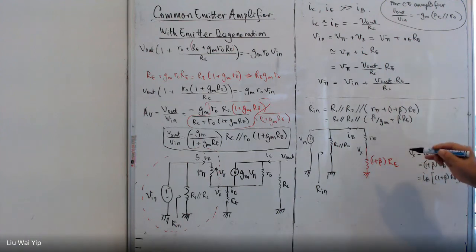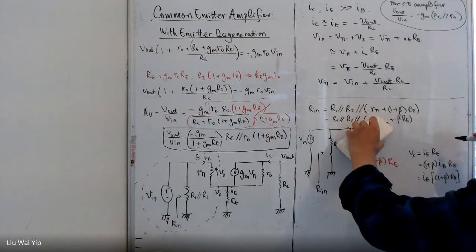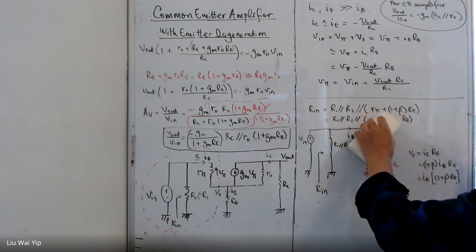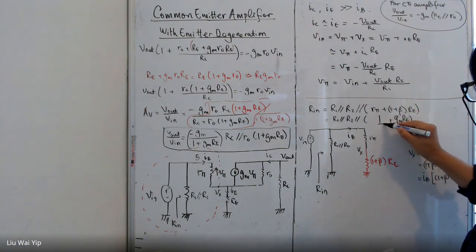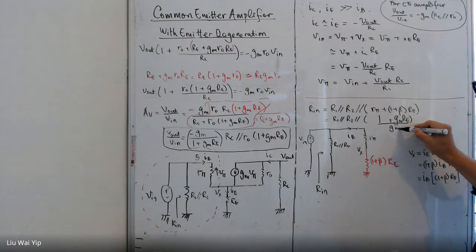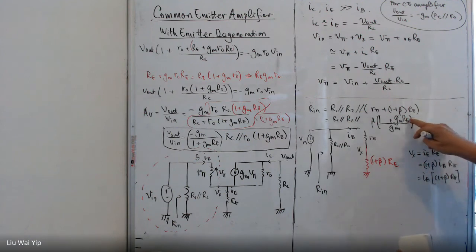So you can just simplify the circuit on the fly. And beta. So this is what you can do.